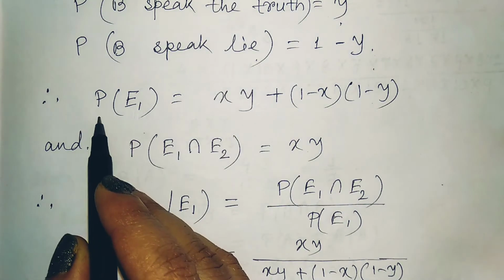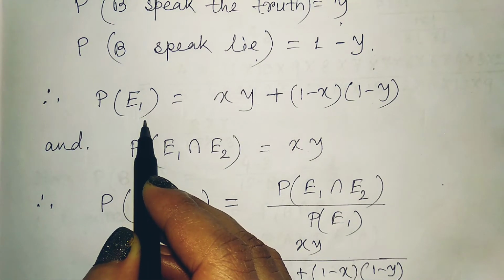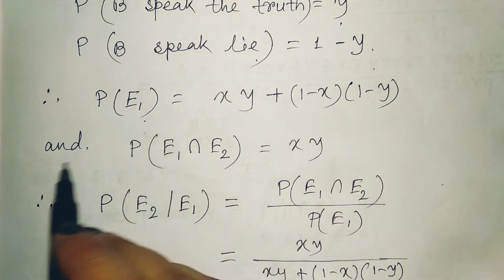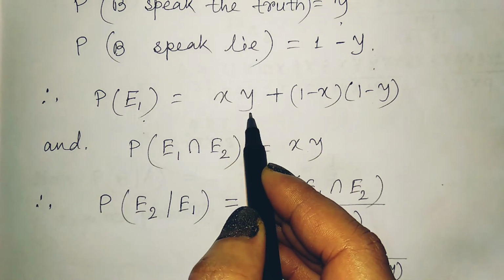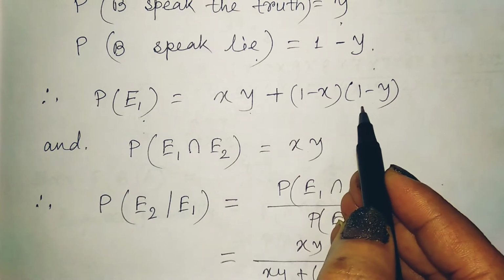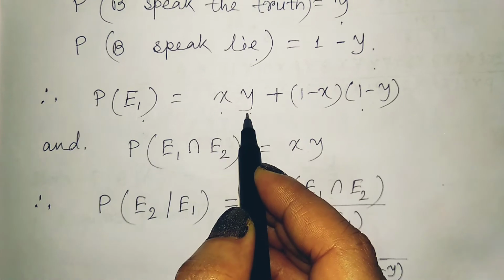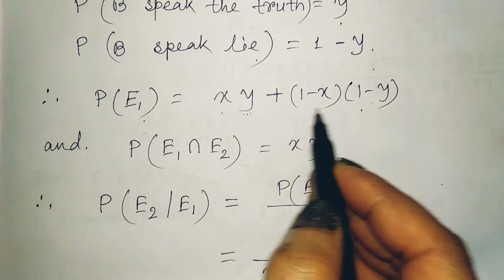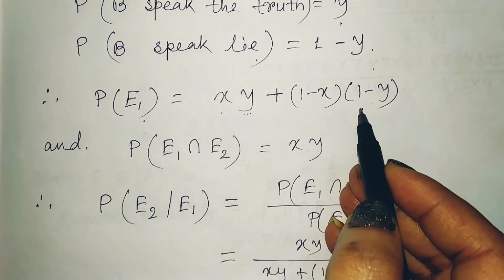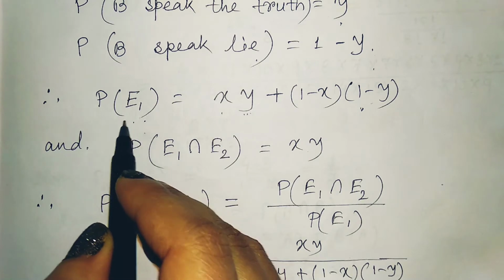Therefore, the probability of E1, that is the event A and B agree in a statement, is possible either when both say that the statement is true or both say the statement is wrong. So it is xy, when they are both speaking the truth, plus both saying a lie. In both cases they are agreeing.